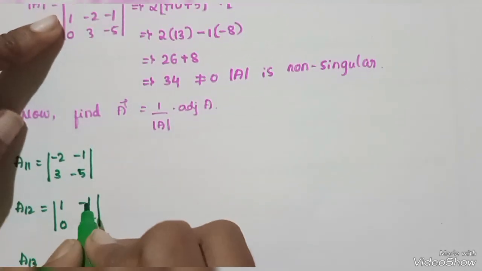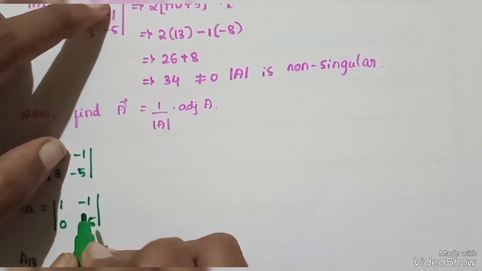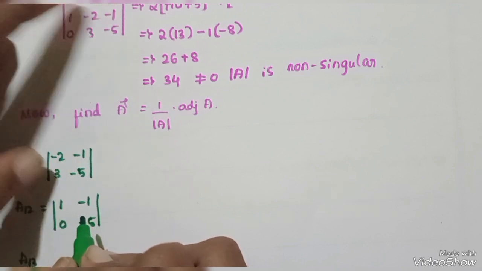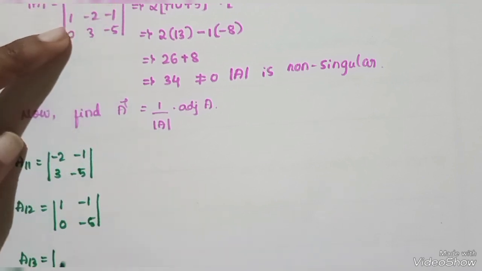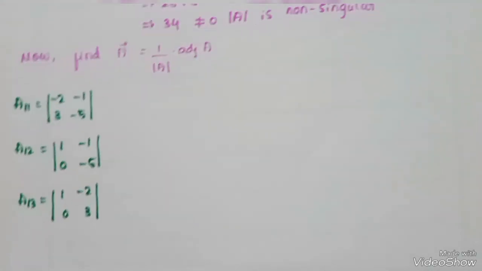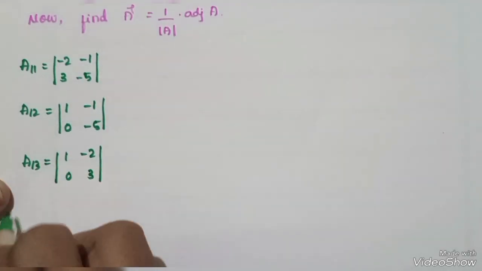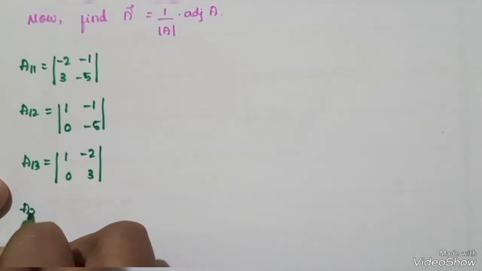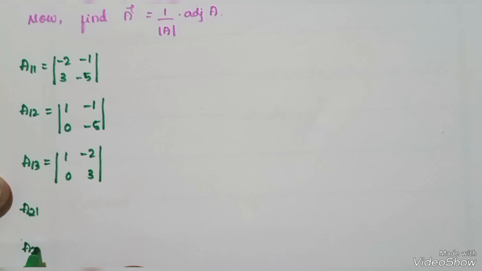Again, considering the third element, neglecting this, we get the determinant 1 minus 2, 0 3. Similarly, I am finding all the elements A21, A22, A23, and A31, A32 and A33.